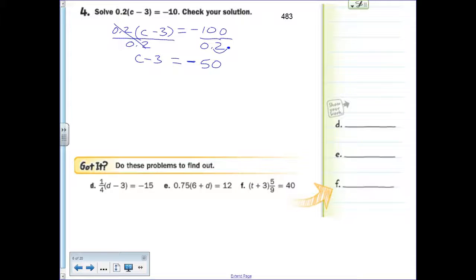That's a 1-step equation where we would add 3 to both sides. And after we add 3 to both sides, negative 3 and positive 3 will cross out, and c will equal negative 47. That takes us up to the letter problems on the bottom of this page.